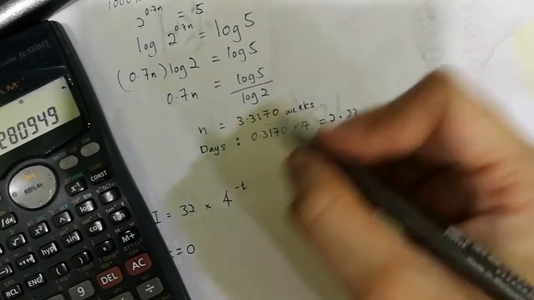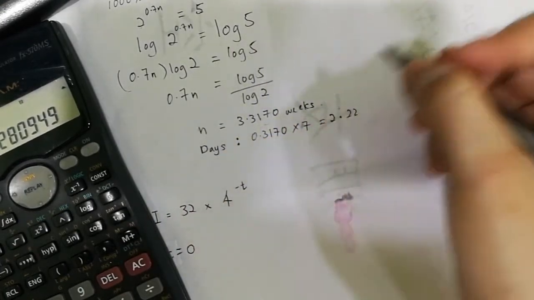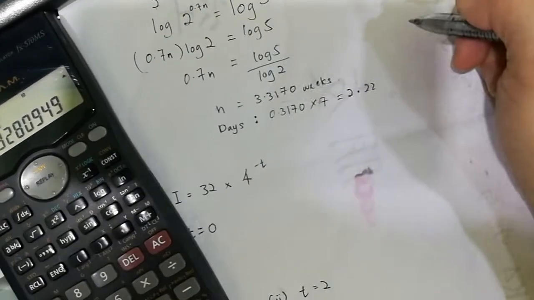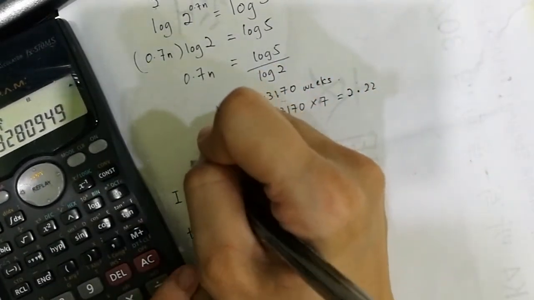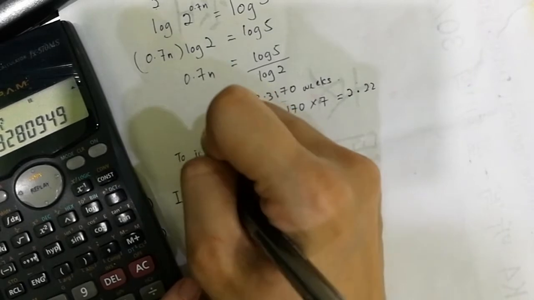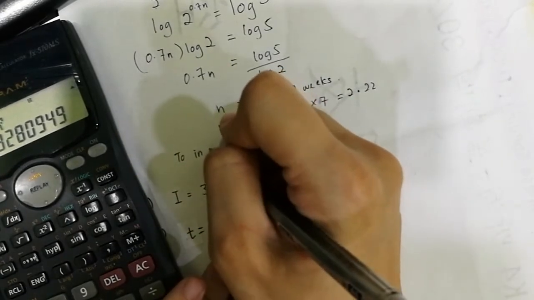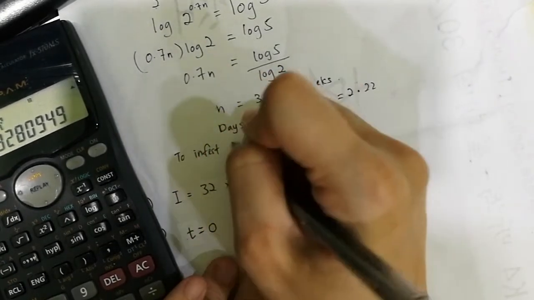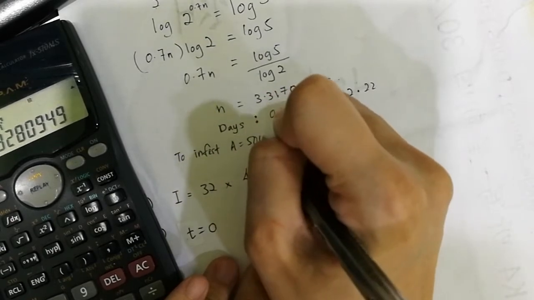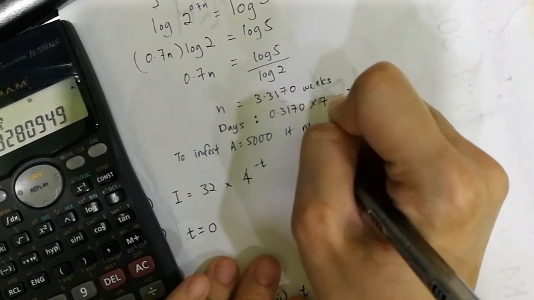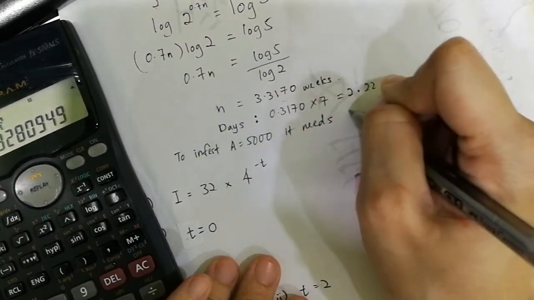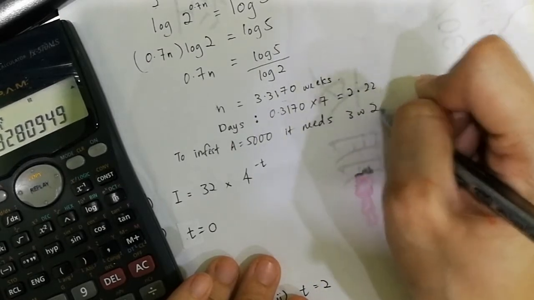So the explanation is, to invade an area equal to 5,000, it needs 3 weeks and 2 days.